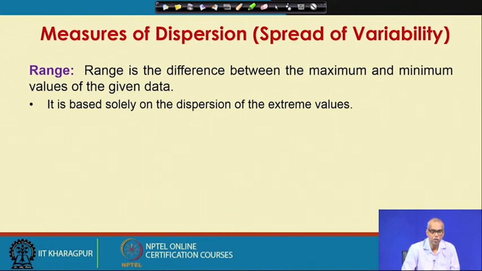If I take range to discuss the measure of dispersion, that is, how the data is distributed or how the data is spread, one can use the definition of range, which is the difference between the maximum value and minimum value of the given data. But this is based solely on the dispersion of the extreme values, extreme high and extreme low.